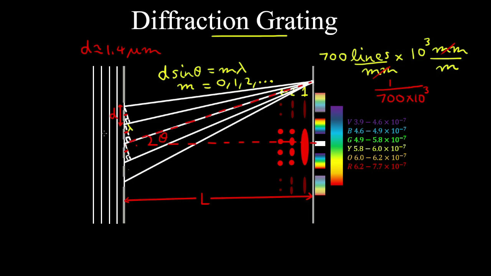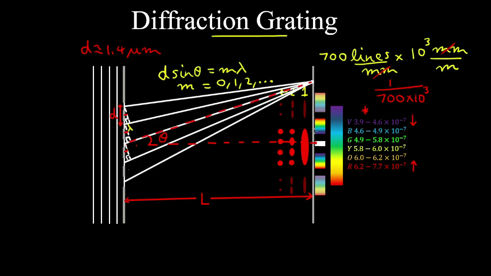Now when we have white light incident on the gratings, that's going to comprise different wavelengths, from red to violet, where red has the largest wavelength and violet has the smallest. So when m equals 0, the white light is not going to get dispersed.